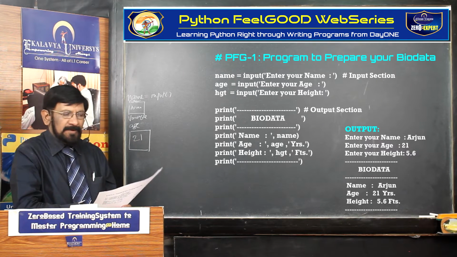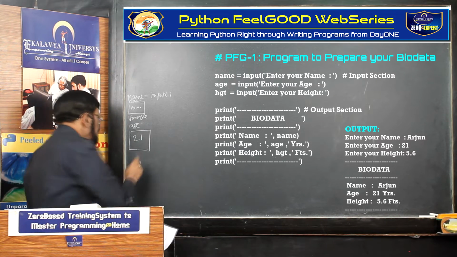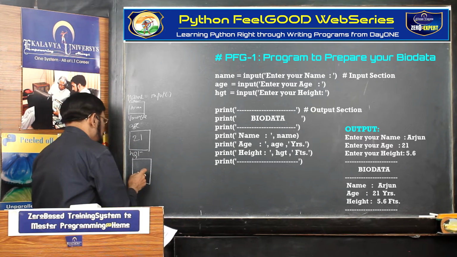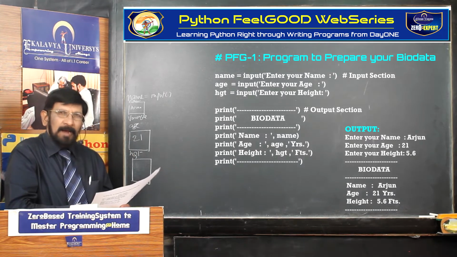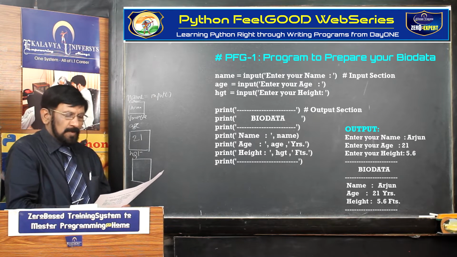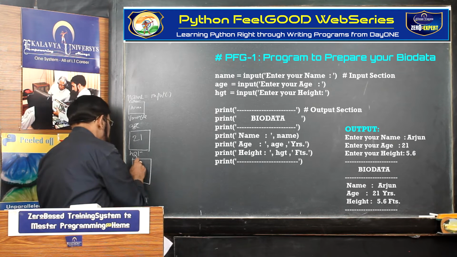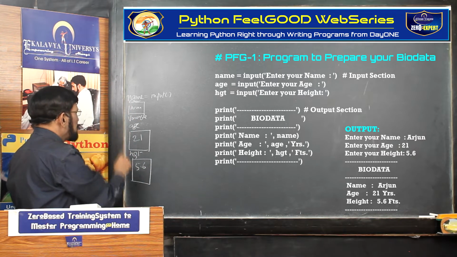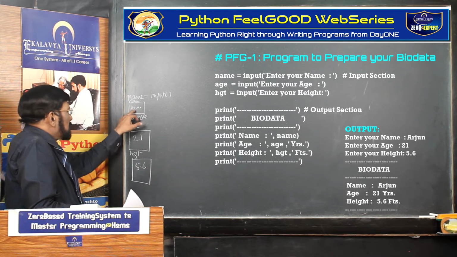Okay. Thereafter, what is the next one? Height. So one more memory container is created, and you are using the input function. There, enter your height, and you enter your height 5.6. That is stored. Now we see in the memory three variables.